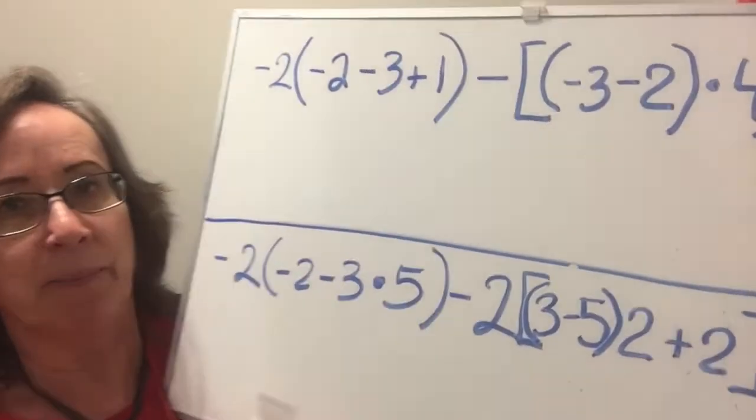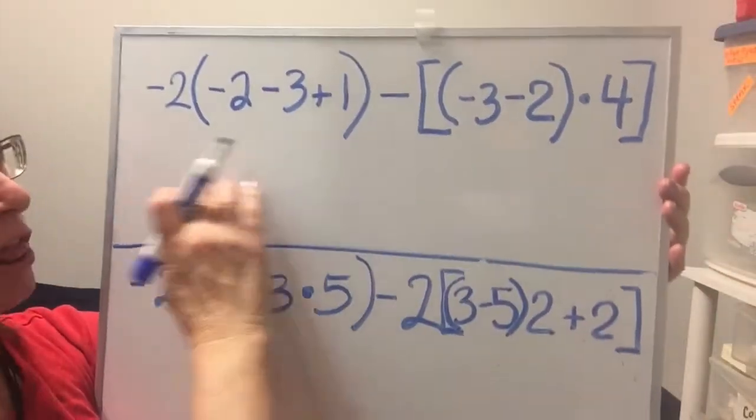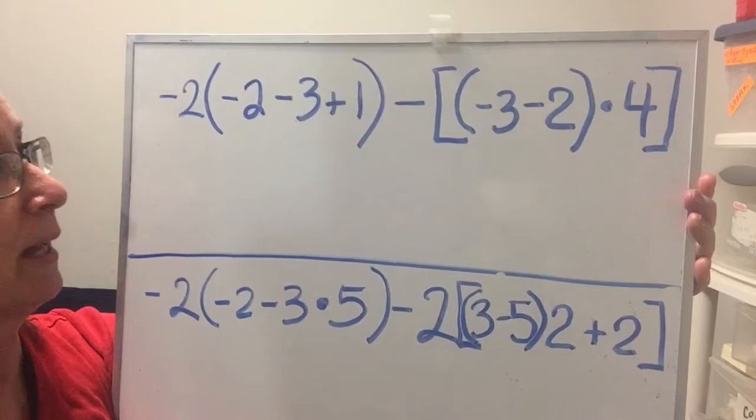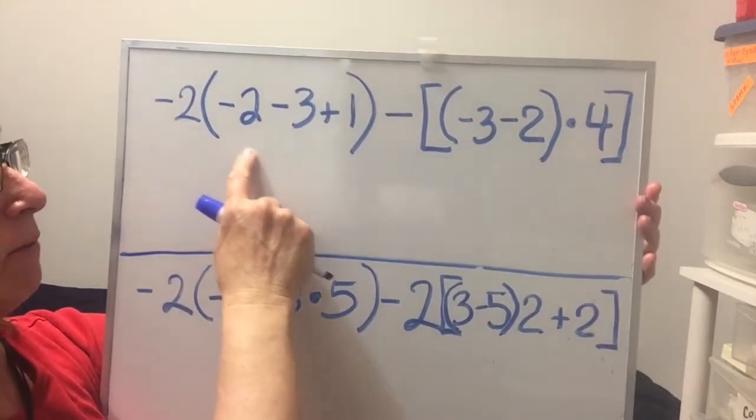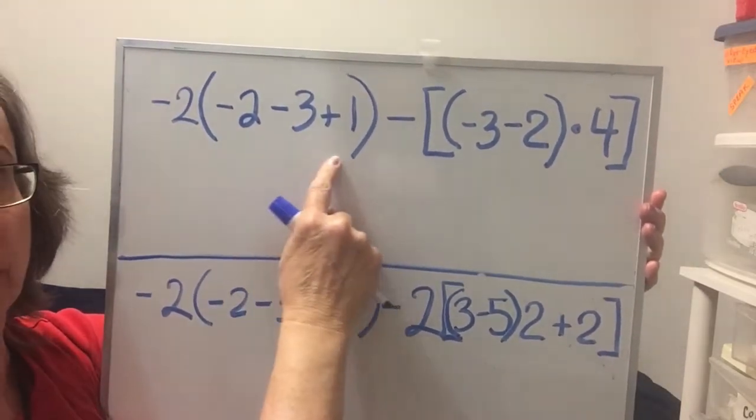So here we only have 2 problems today and 2 practices. So I have the big board because these problems are really long all the way across. Can you see that right here I have a symbol of inclusion?